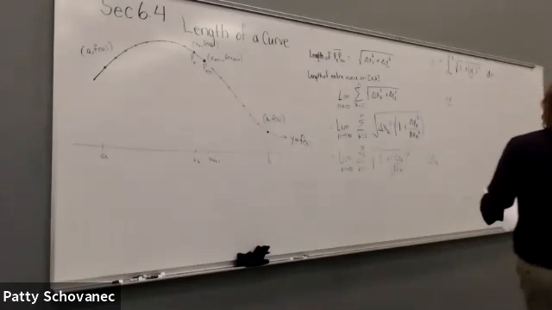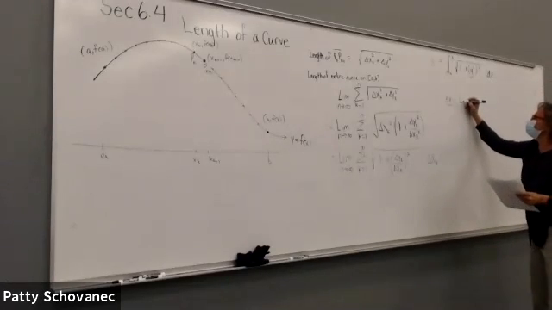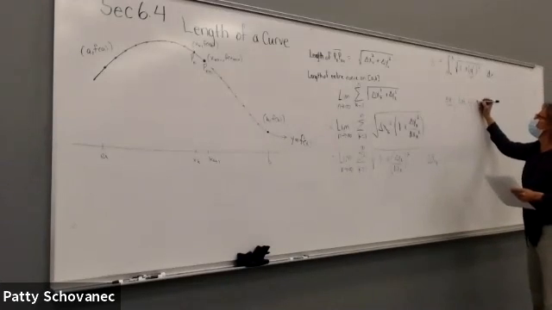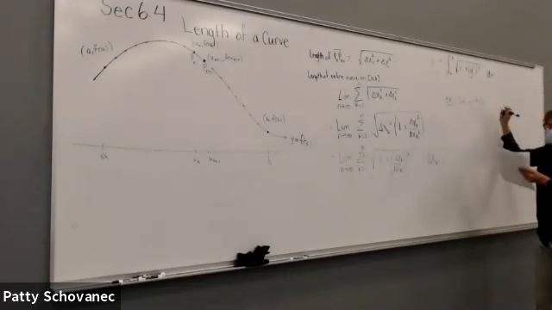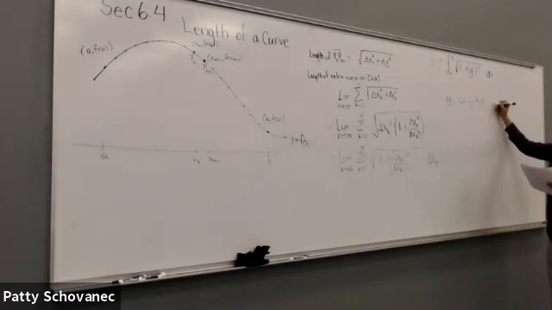Let's take y is equal to 9 minus 3x, and I want to find the length of this curve from x is 1 to x is 3.